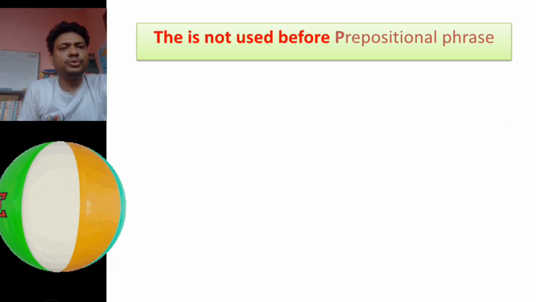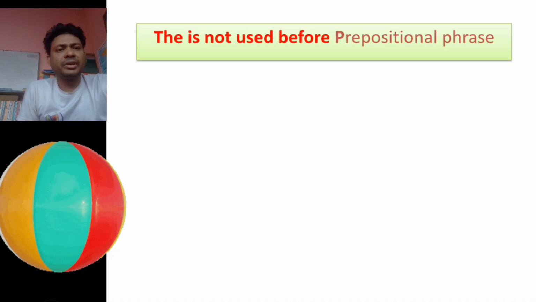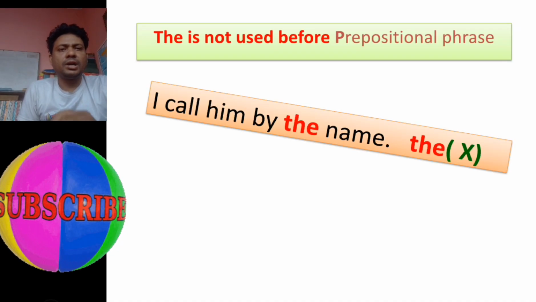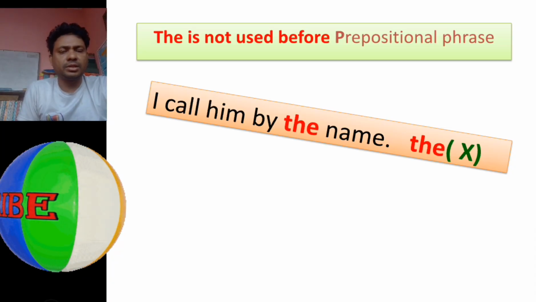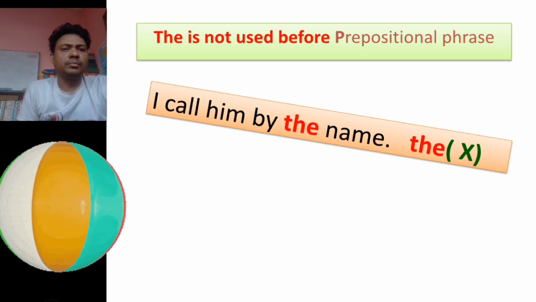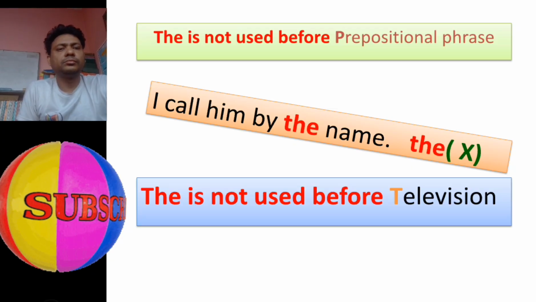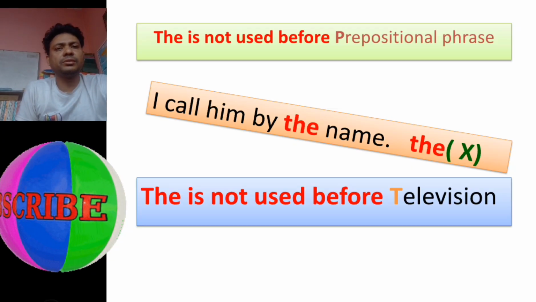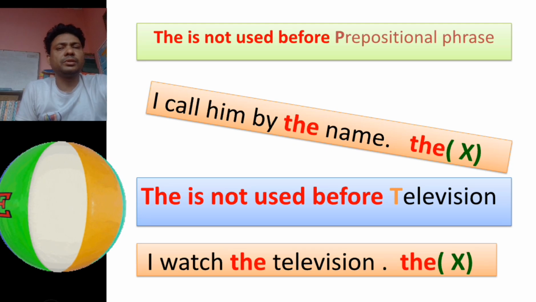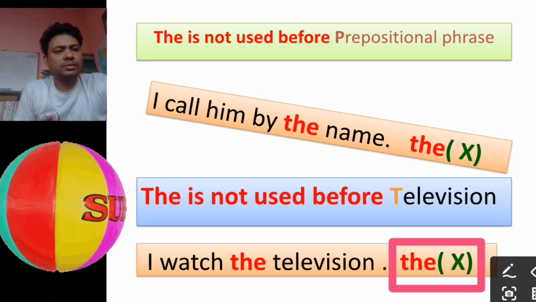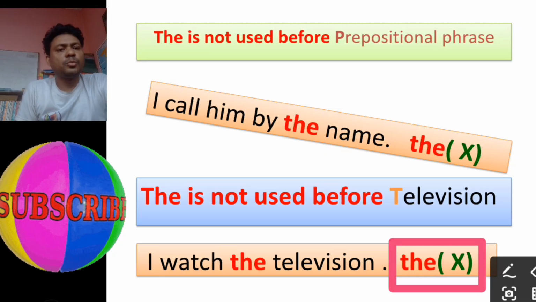This is not used before a prepositional phrase. The prepositional phrase করতে বসে না, যেমন I call him by name. No, the isn't put here. This is not used before television. I watch television. এখানে the বসবে না.